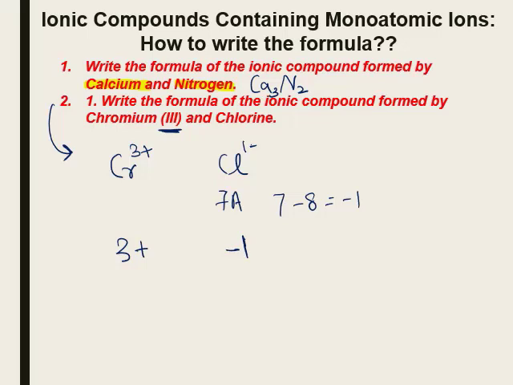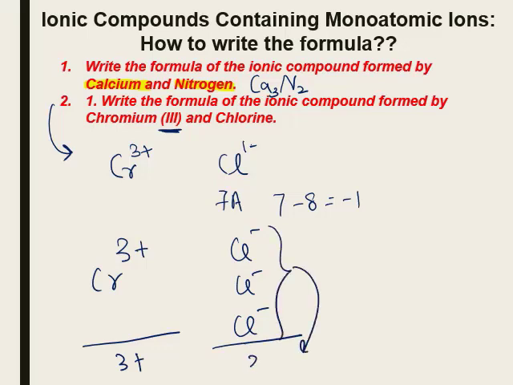In order to balance it, we need 3 chlorides for every 1 chromium, because 1 chromium has a total positive charge of 3 plus, and 3 chlorides have a total negative charge of 3 negative.